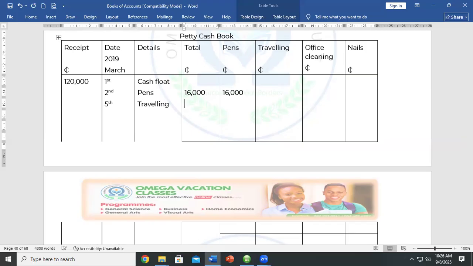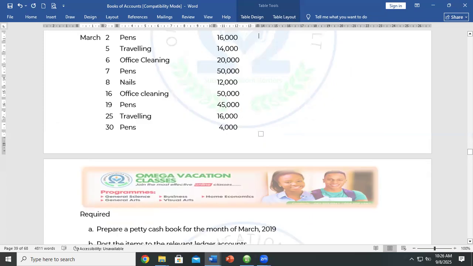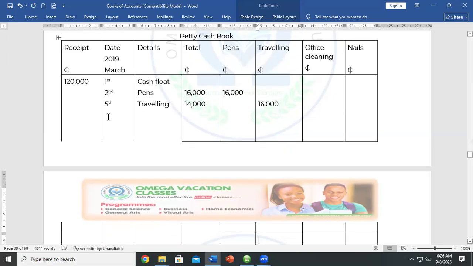First, under the total column, then you locate the traveling expense column and put it there. Please, any question? The next was on the 6th. The 6th was office cleaning.